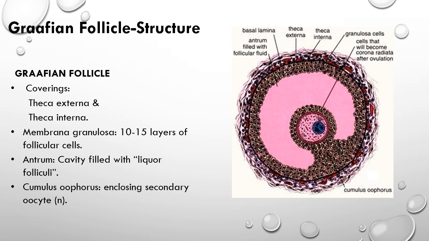In the diagram you can see that these granulosa cells project inwards towards one side of the antrum, and that region we call cumulus oophorus. So cumulus oophorus is the projecting side of the granulosa cells.